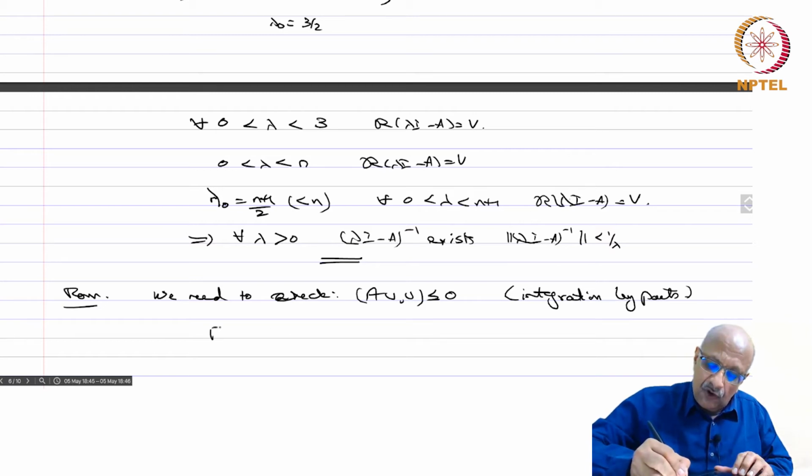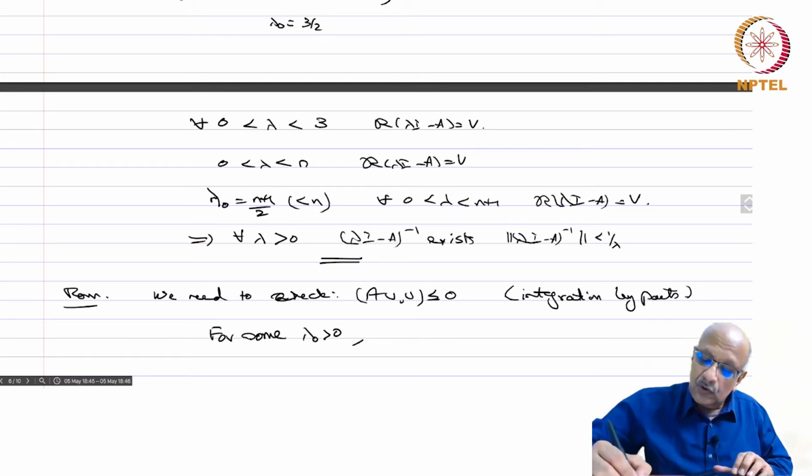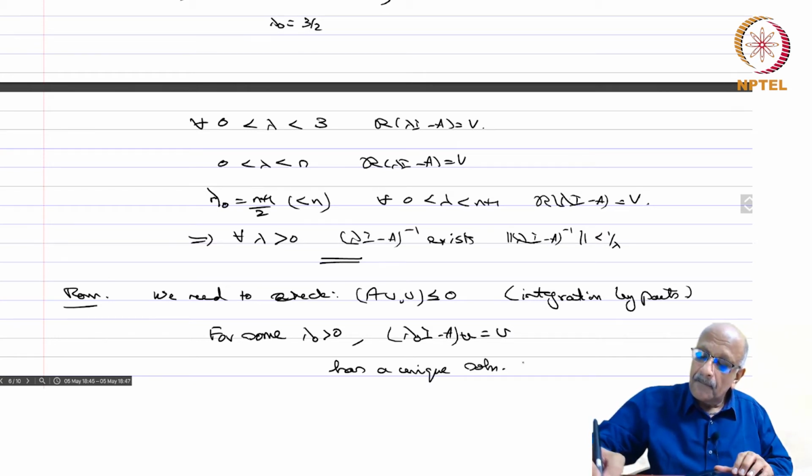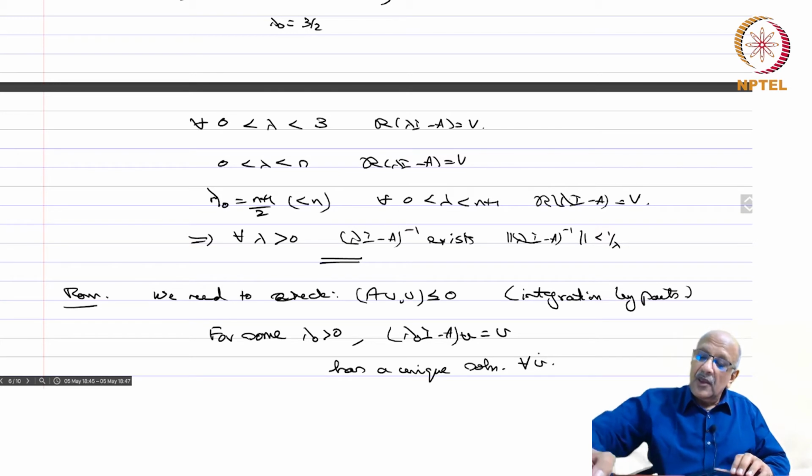And for some lambda naught positive, we want to show that lambda naught I minus A V u equal to B has a unique solution for every B, okay.